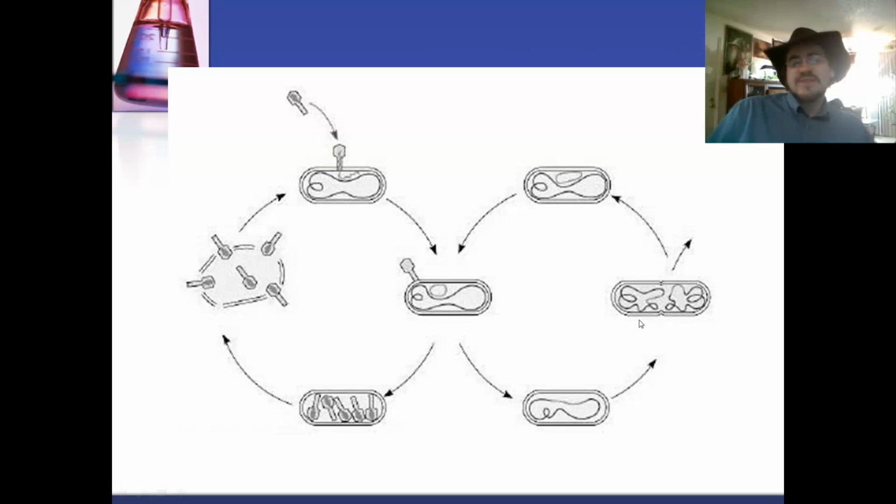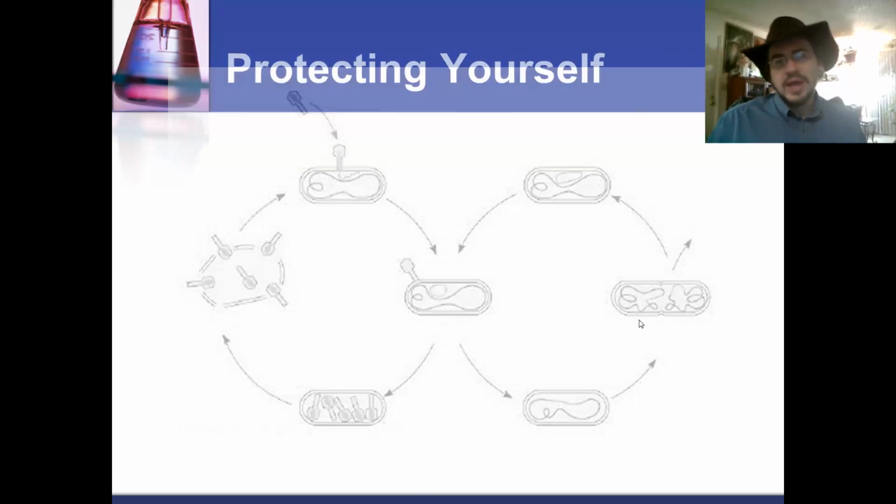If a bacteriophage happens to infect a bacterial cell in an area where there's very, very few bacterial cells, it may go into a lysogenic phase, where it holds off on killing the bacteria until there's enough that it would make it worthwhile. So, kind of pretty awesome.